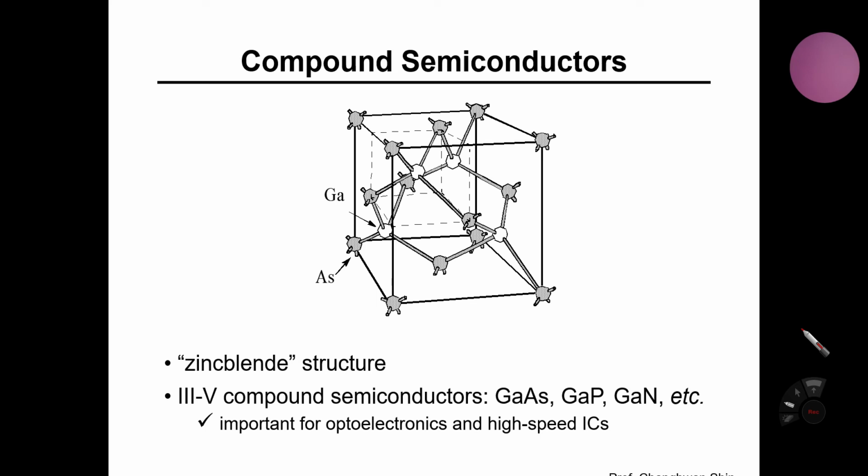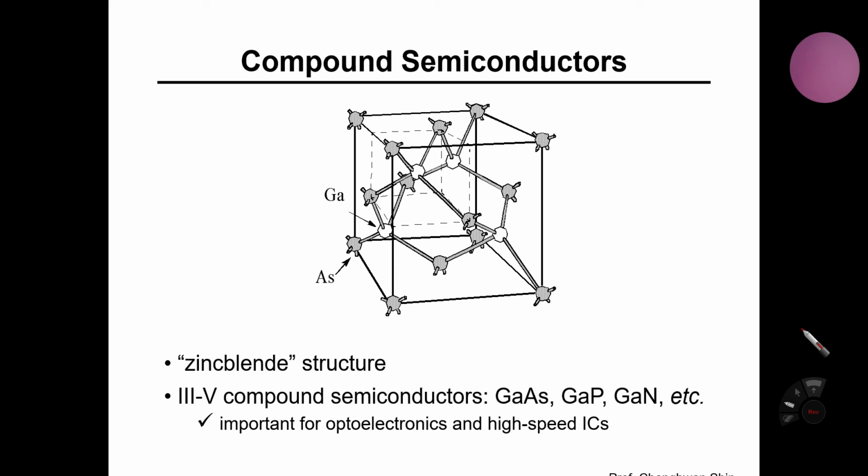So basically, these compound semiconductors, for example, gallium arsenide, a 3-5 compound semiconductor, have exactly the same shape of crystalline structure, or diamond structure, as silicon crystalline material.